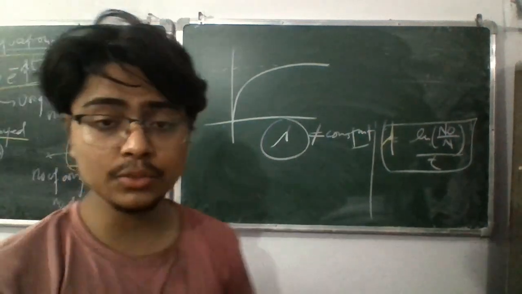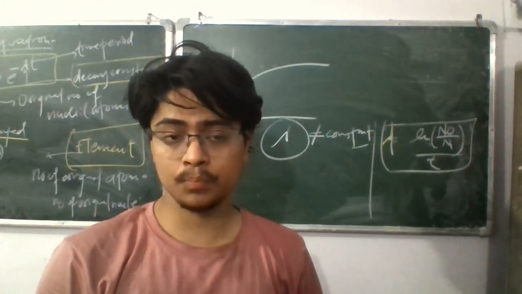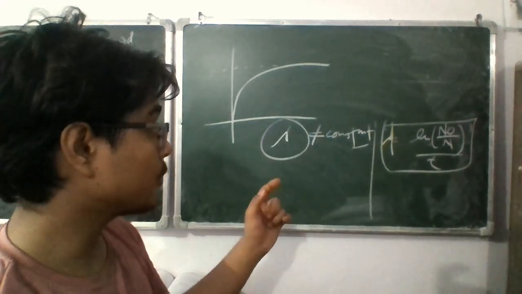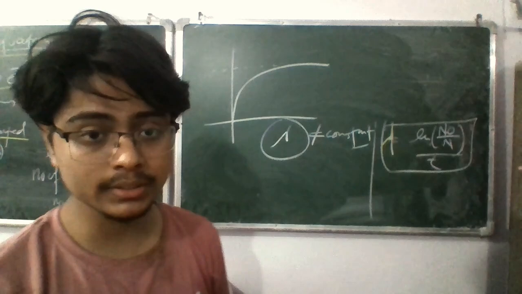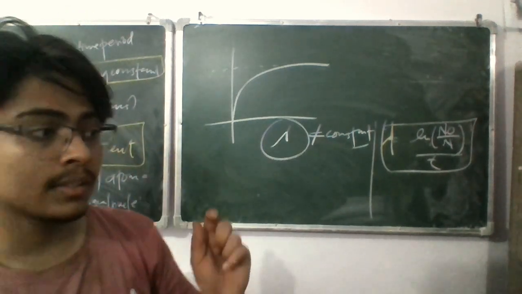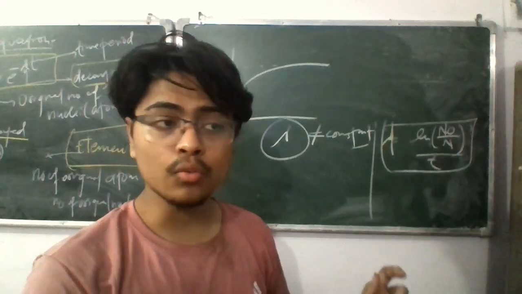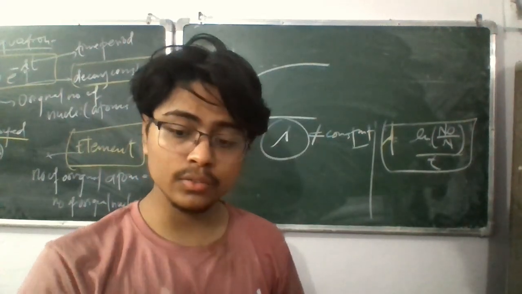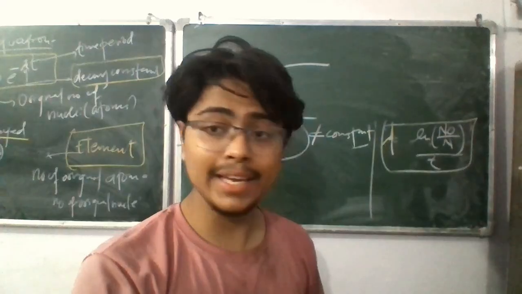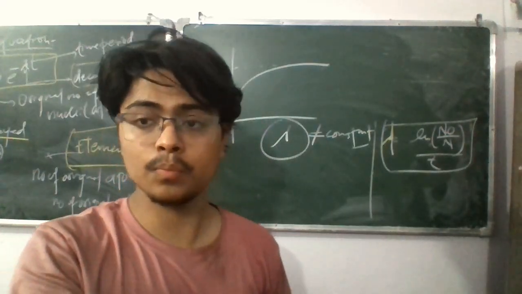If you are thinking in this way, then the approach that we are using is actually wrong, because lambda is a constant throughout the process of radioactive decay. Now let's see how.